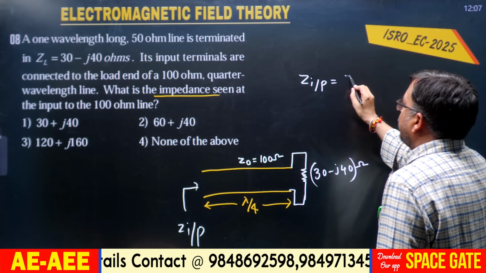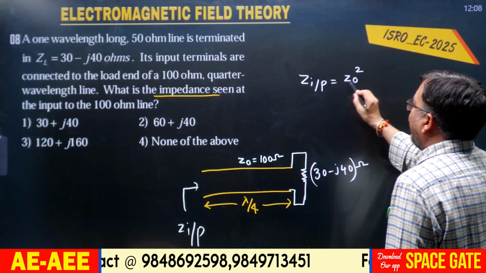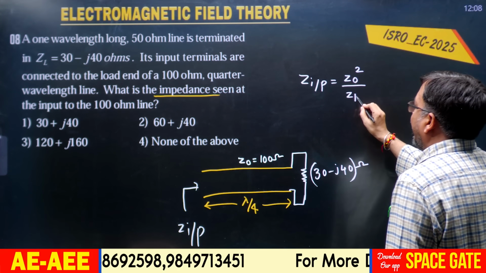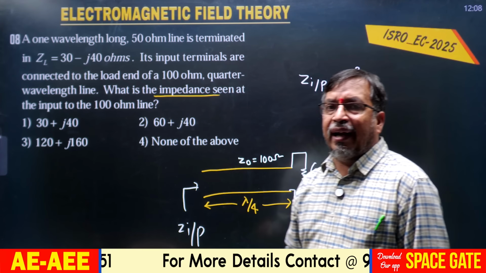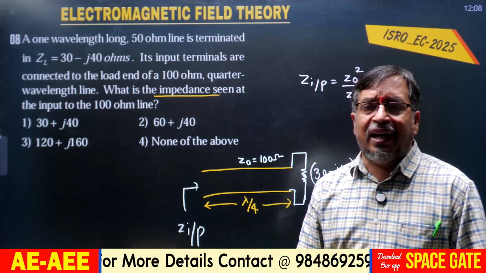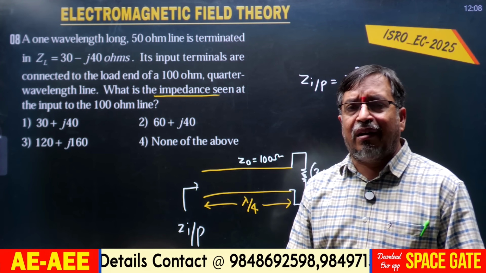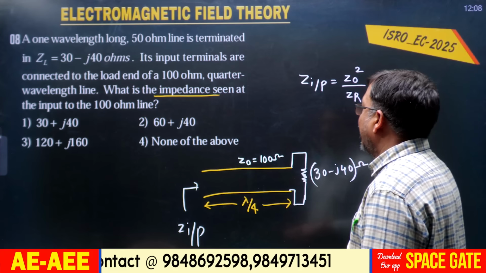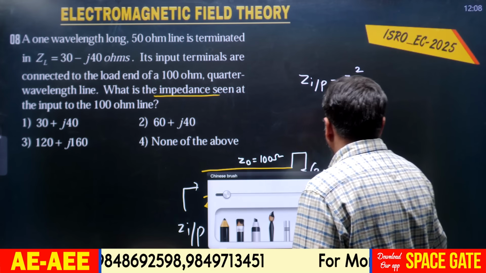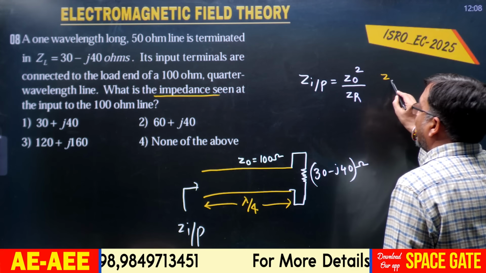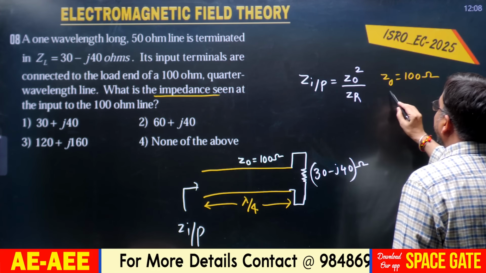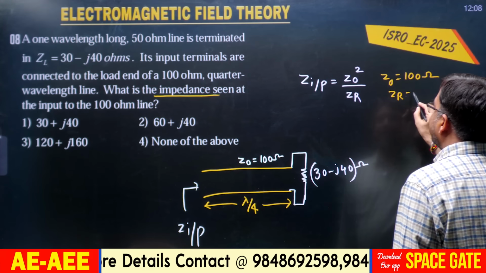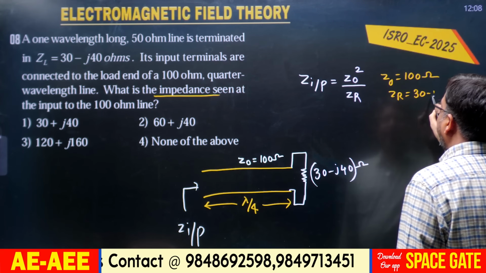What is the input impedance of this quarter wavelength transmission line? Z input equals Z0 square by ZR, where Z0 is the characteristic impedance of this lambda by 4 transmission line, and ZR is the receiving end impedance or load impedance or terminating impedance. Here in our question, Z0 is given as 100 ohms, and ZR is given as 30 minus J40 ohms.